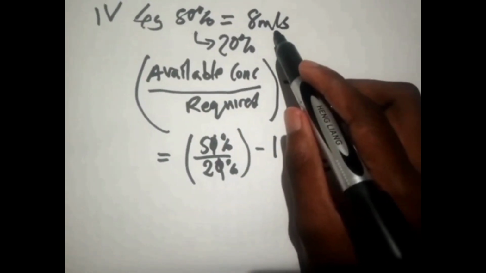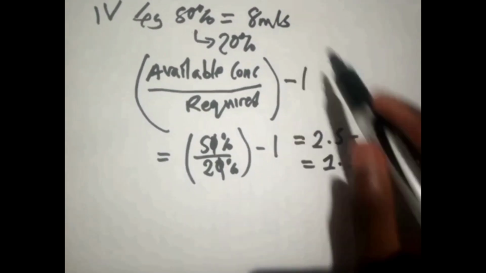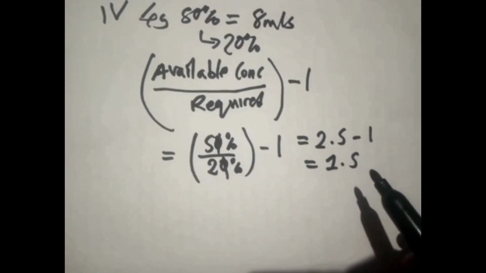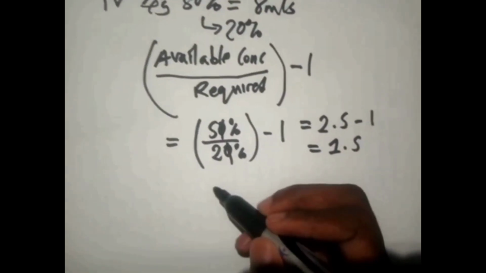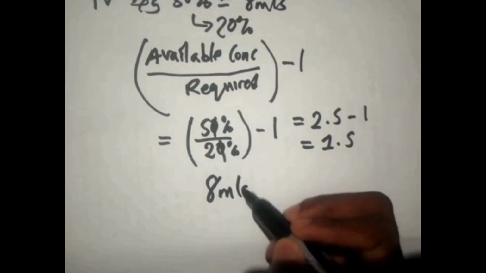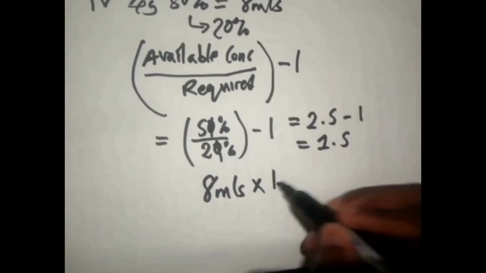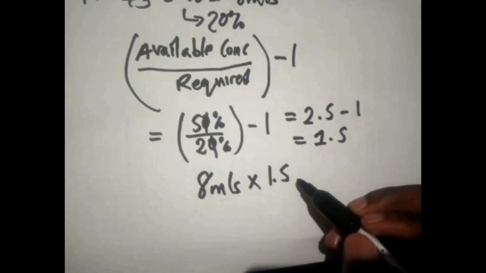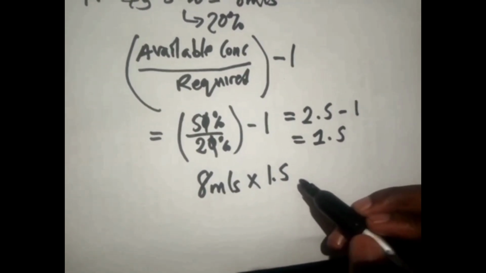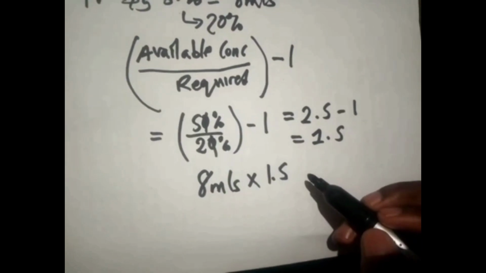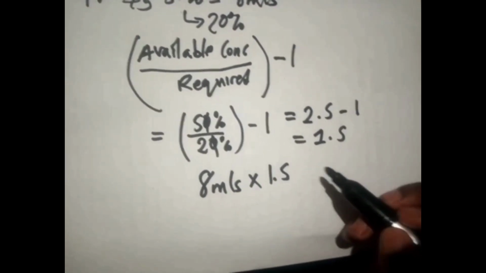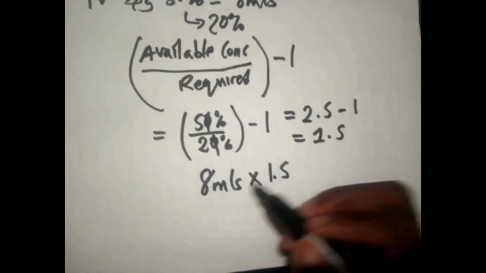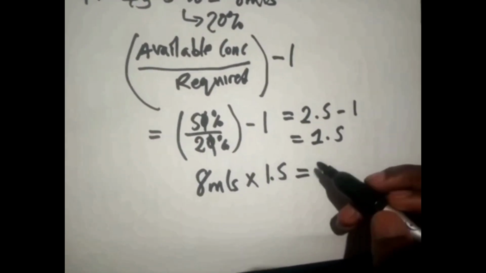So for every 8 mils, we have to multiply with 1.5 to have the amount we are going to dilute it with. So for every 8 mils, we should add 1.5 times that of either water for injection, which is most common, or, just in case it's not available, dextrose 5%.